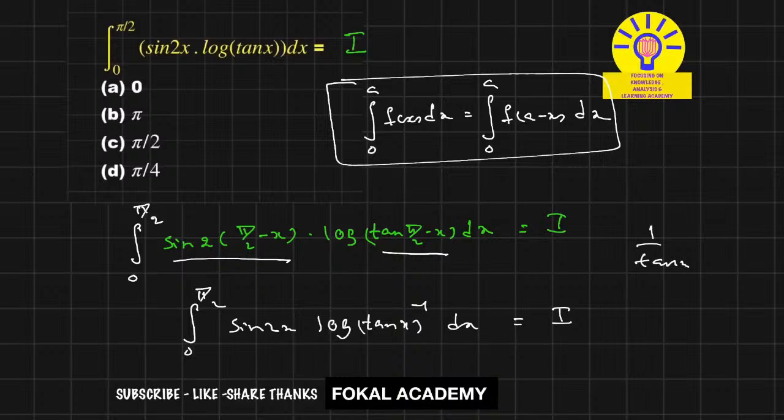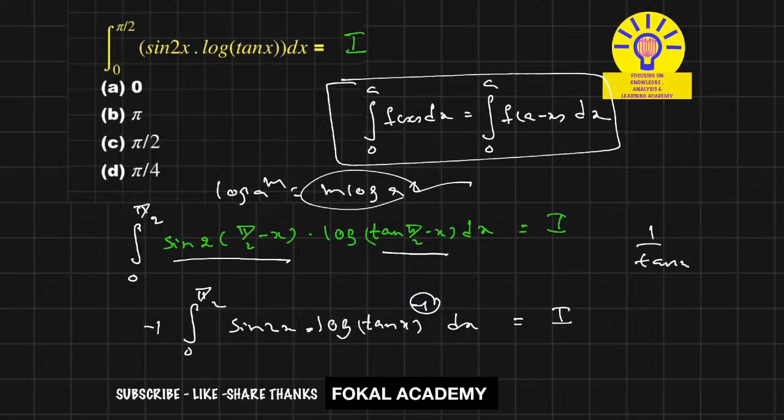We know from the properties of logarithms that log a power m equals m into log a. So bring this minus 1 here by applying this property, then it becomes minus 1 into integral 0 to pi by 2 sin 2x into log of tan x dx.